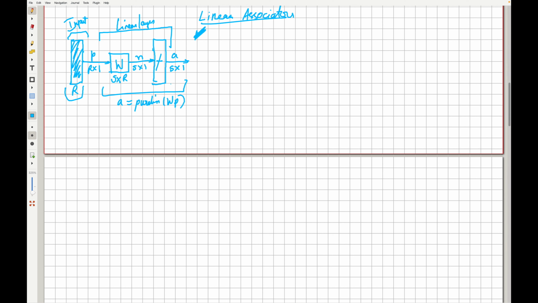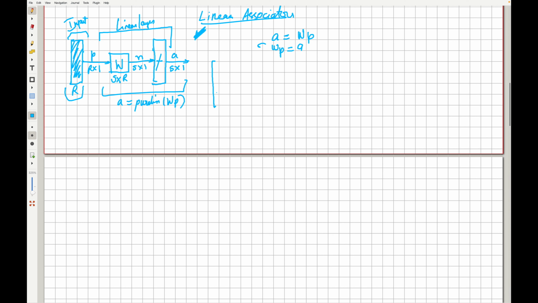In here, this output vector A is determined from the input vector P by dotting it with the weight matrix. So we do a dot product of W and P. So how does this work? Imagine I swap this and say WP is equal to A, just so that it is easier to write. You can write W in the matrix form.